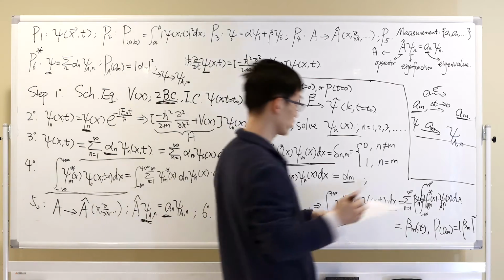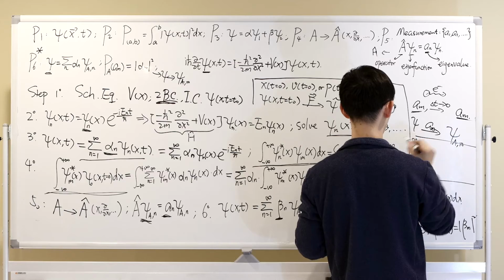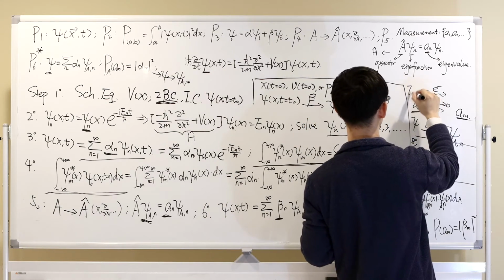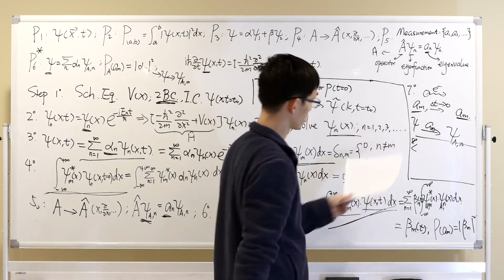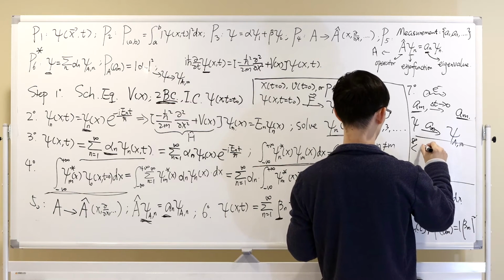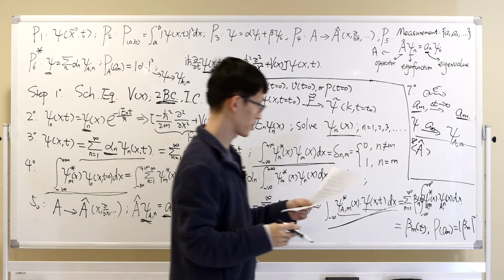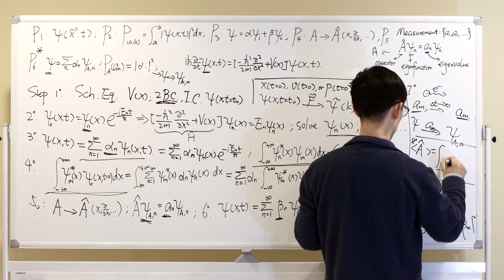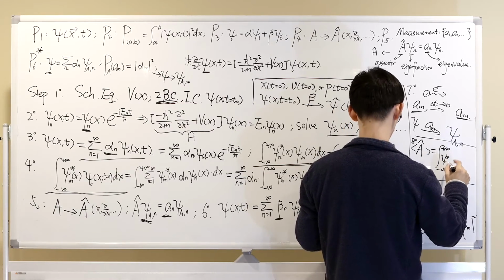So if you want to measure the expected value, this is step 8. This is step 7: the wave function collapses into the eigenfunction of your eigenvalue. And then step 8 is the expected value. Later we'll define mathematically what we mean by expected value. If you only want to measure that, then it's much simpler.